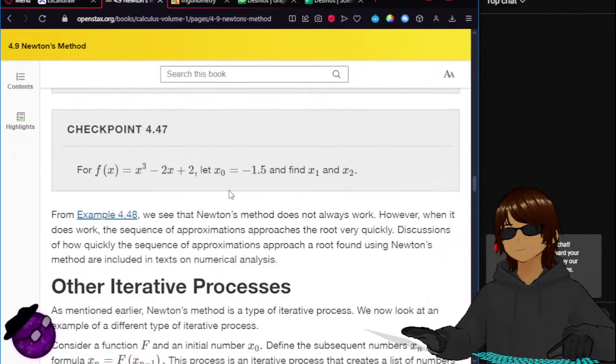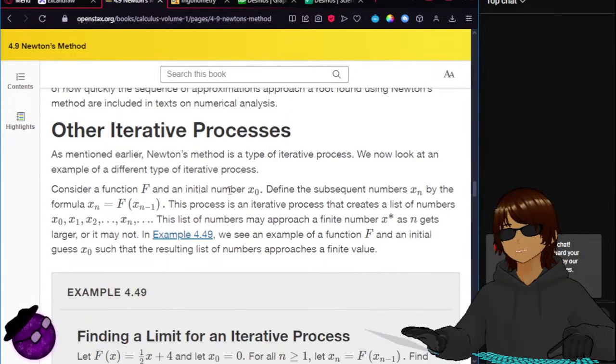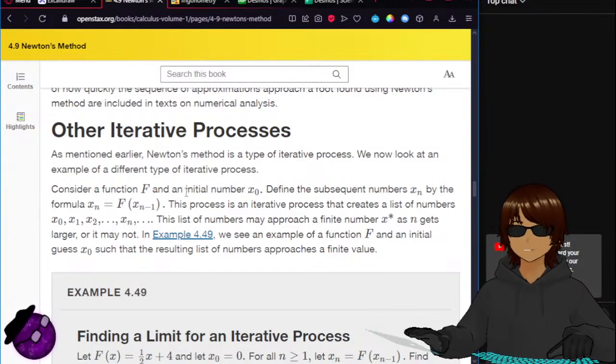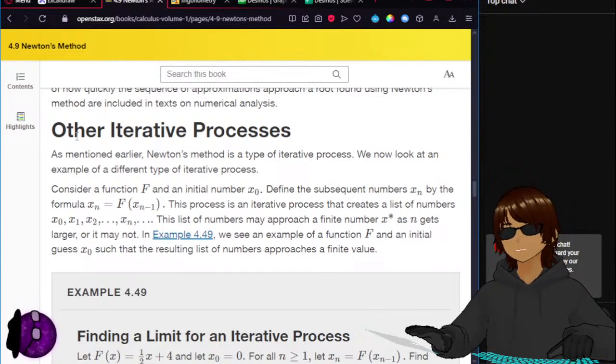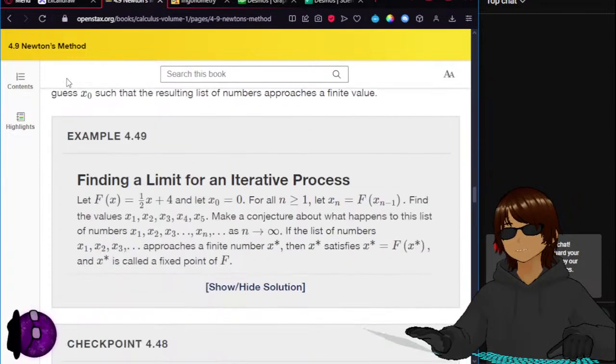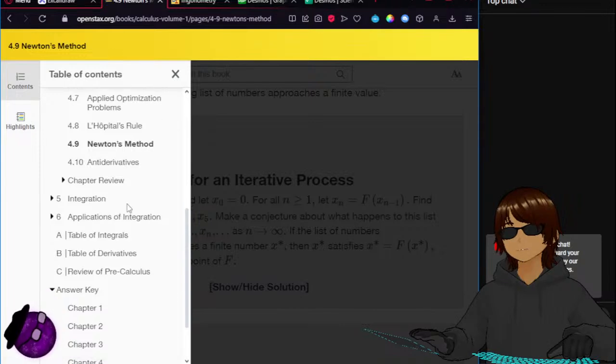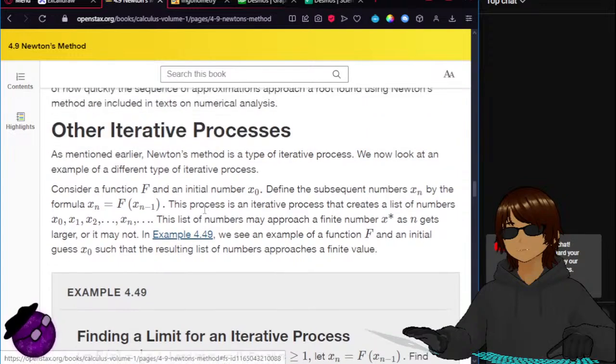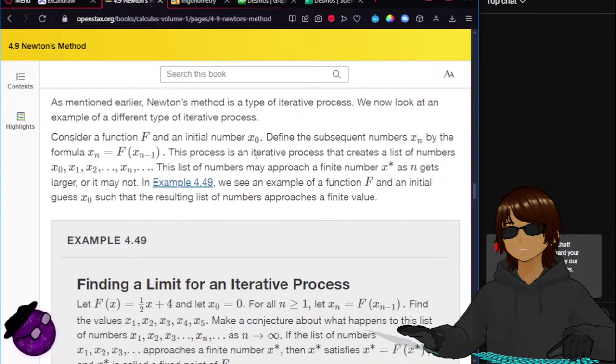Other iterative processes. As mentioned earlier, Newton's method is a type of iterative process. We now look at an example of a different type of iterative process. Consider a function F and an initial number x0.